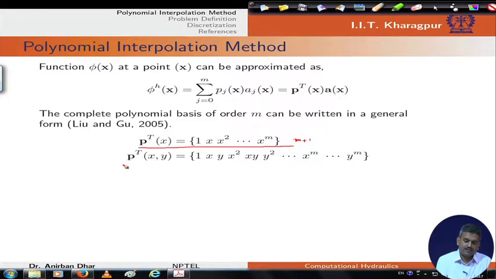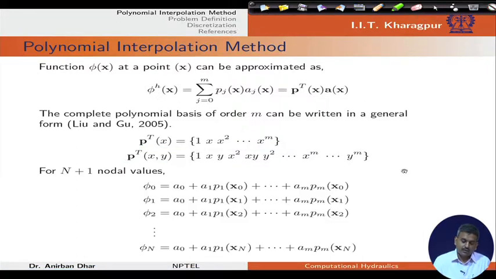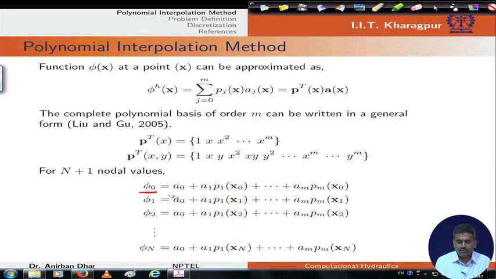Similarly, in this case we have x, y, 1, x square, x y, y square, and this expansion is there. So, for n plus 1 nodal values, for phi 0 we can have a 0, a 1, p 1 to p n, and phi 1, up to phi n.